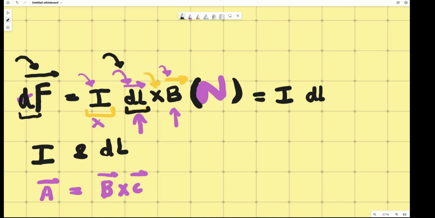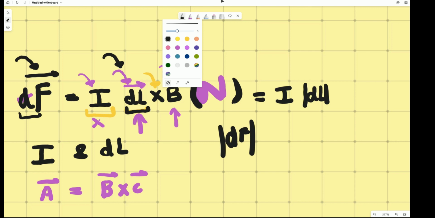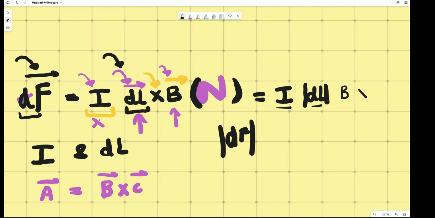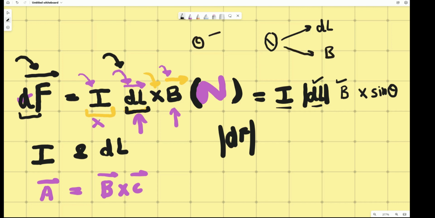Anyway, let's open this. So this is the magnitude of dl. Now we're writing the magnitude of dF. Okay, so whatever I'm writing is the magnitude of dF. So let's say it is I multiplied by dl multiplied by B into sine of the angle between length and B. So theta is the angle between dl, the current carrying conductor, and B. Theta is not the angle between current and B. Don't assume this.